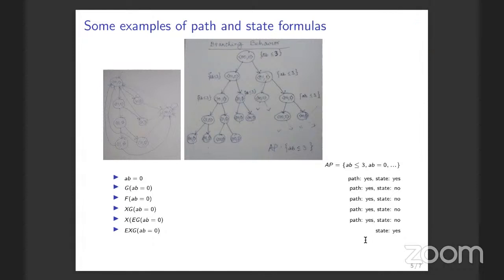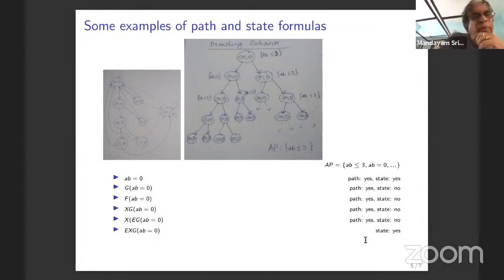Sir, could you repeat why we distinguish between state formulas and path formulas? Why do we distinguish? Because if you want to talk about branching time behavior, I gave you a lot of instances of the kind of behaviors I want to talk about.